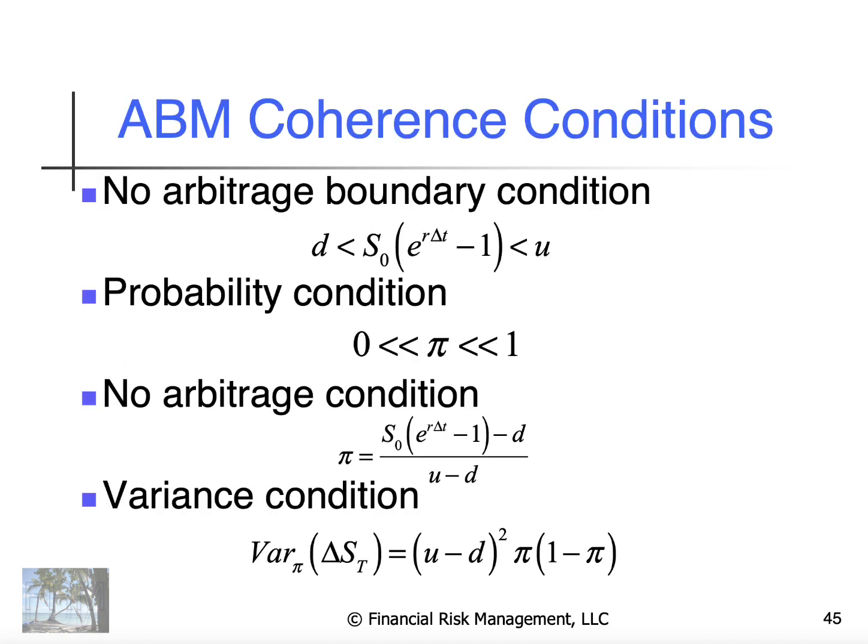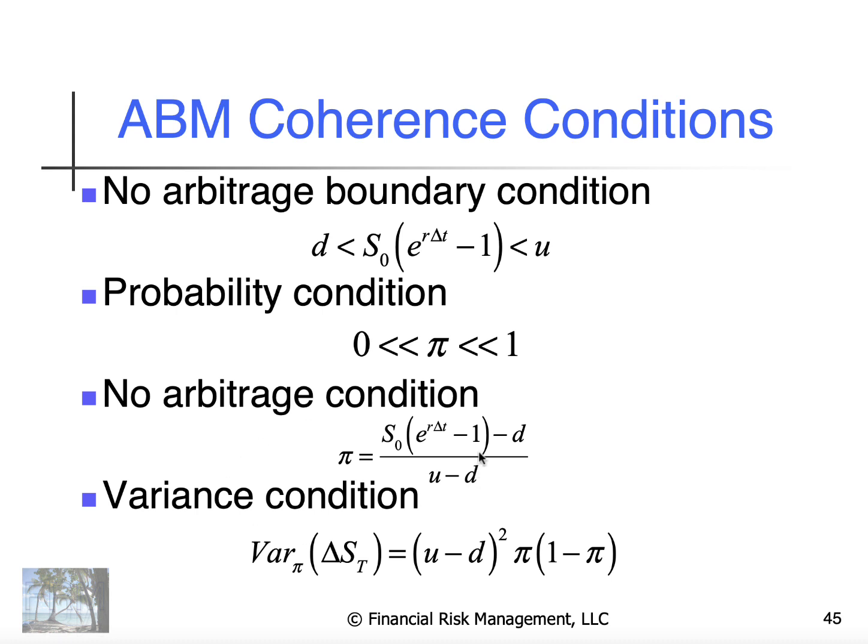And so just like with GBM, there are coherence conditions with ABM, and they are similar in structure. Basically, the interest earned on the stock, if I put it in the bank account, should be somewhere between the dollar received if down occurs and the dollar received if up occurs. And then the probability condition needs to be somewhere in the neighborhood of a half.